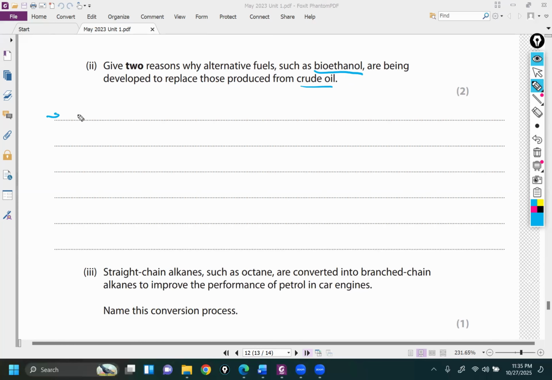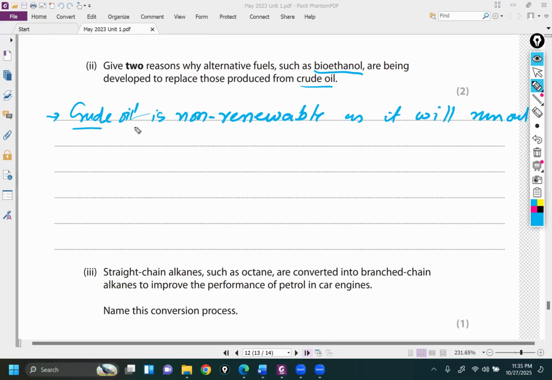So you can say that crude oil is non-renewable, it will run out. Crude oil is a fossil fuel, and all kinds of fossil fuels will run out because they are non-renewable. They cannot be renewed again and again. Okay.